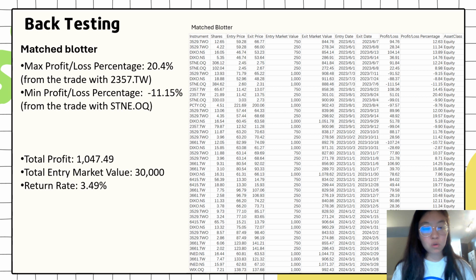Our total profit from this match transaction is 1,047, and the total entry market value is 30,000, so the return is 3.49%, which indicates the overall efficiency of our strategy in generating returns. While it is positive, it suggests room for improvement in maximizing returns.